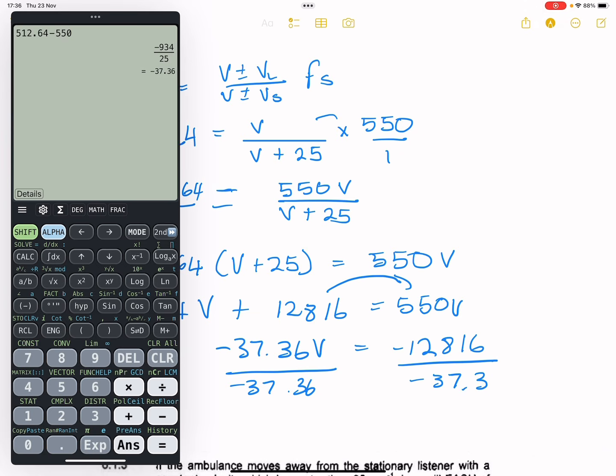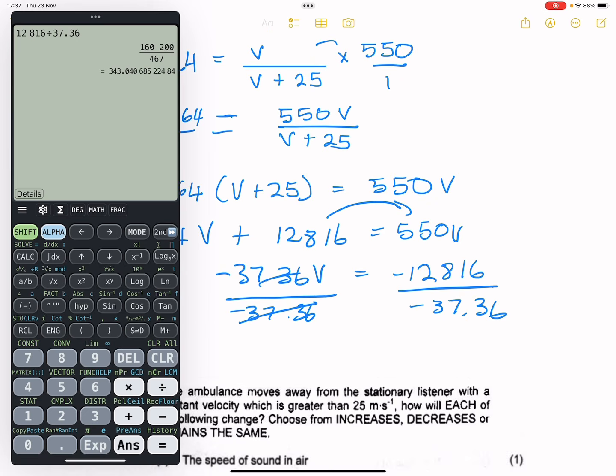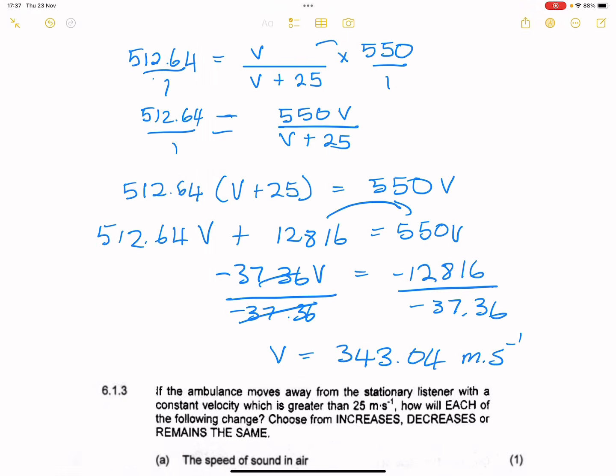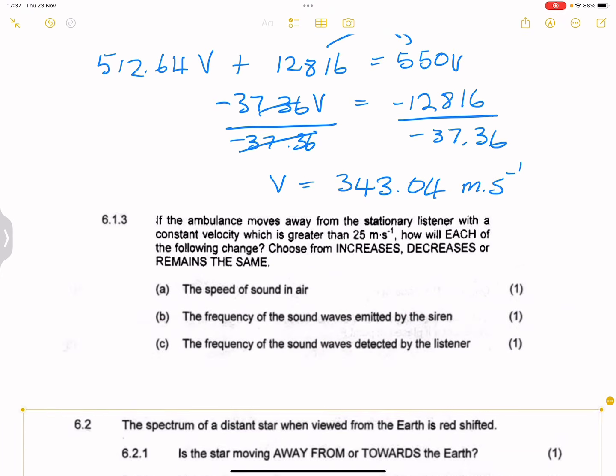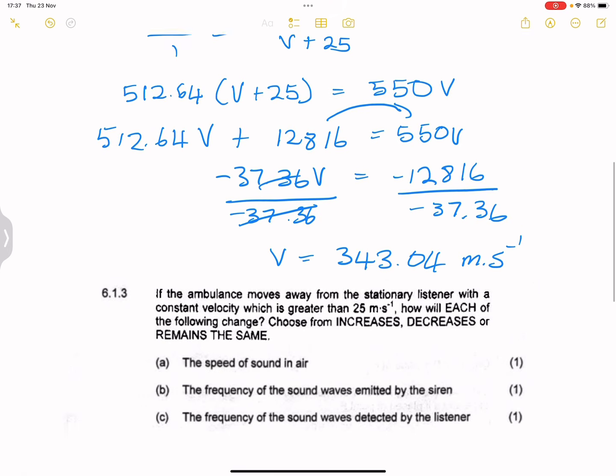Sorry about that. So that's 12,816 divided by 37.36, and I get 343.04. So V would be 343.04 meters per second. All right, so that is the speed of sound in air.